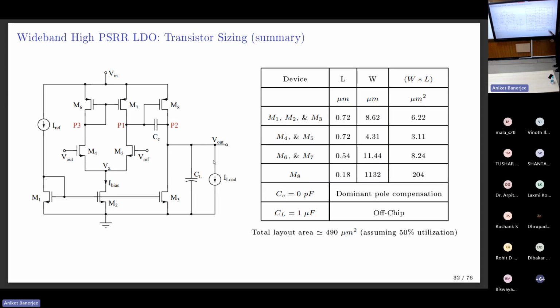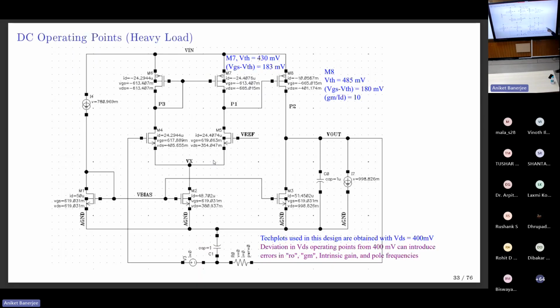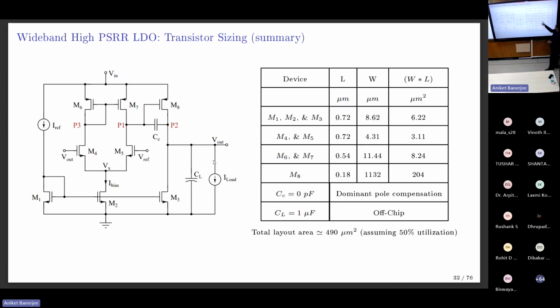So what did we do? Given the LDO specifications table, we have now come to a point where we have the table of all the transistor dimensions. Next step, if you put all these dimensions in and run a DC operating point, all you want to see is GM by ID around 10 for M8.